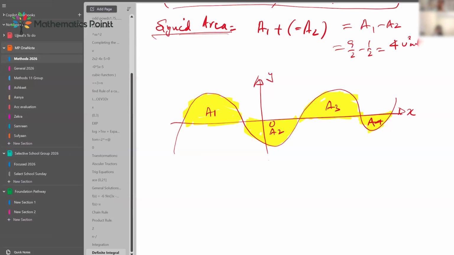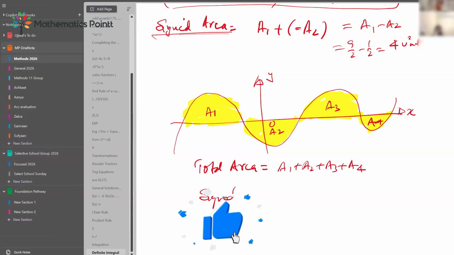Now, what is my total area? Total area does not take into account the positive and the negative. So that means A1 plus A2 plus A3 plus A4. Simple. And what is my signed area?